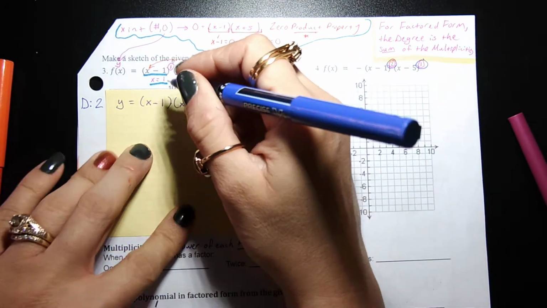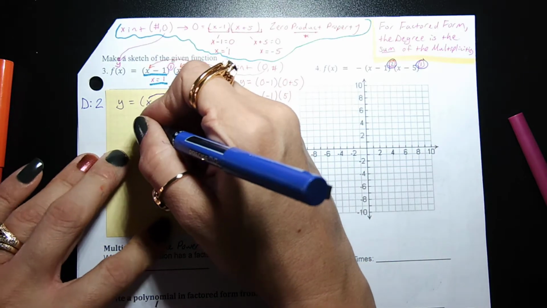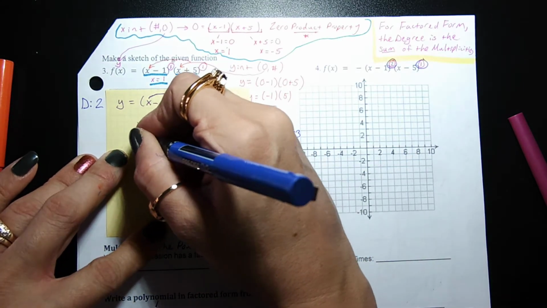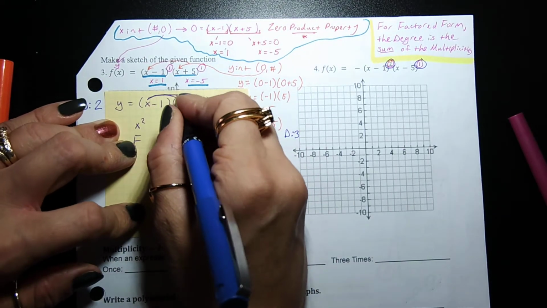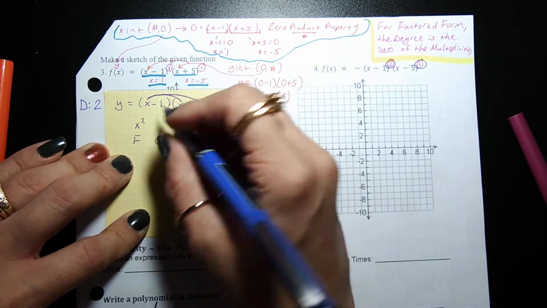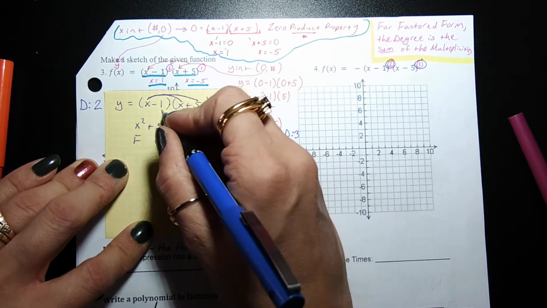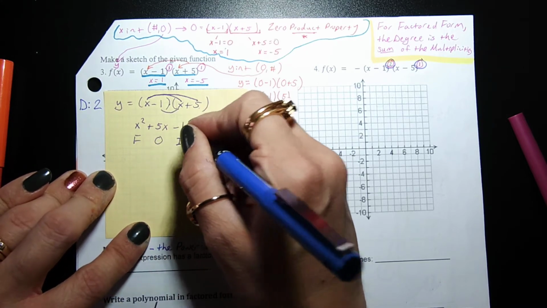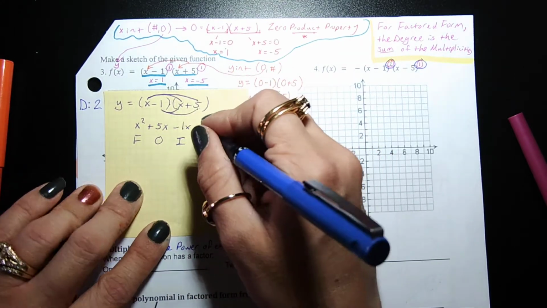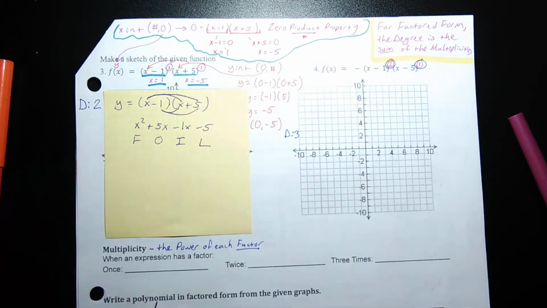So FOILing means I take the first terms times each other, which gives me x squared. Outside terms times each other, x times 5, 5x. My inside terms, -1 times x, -1x. And my last terms together, -1 times 5, -5.